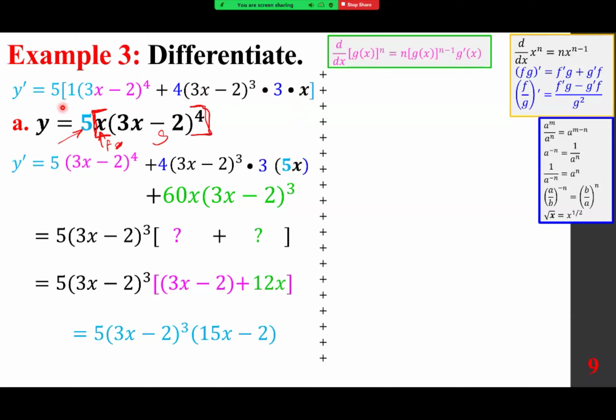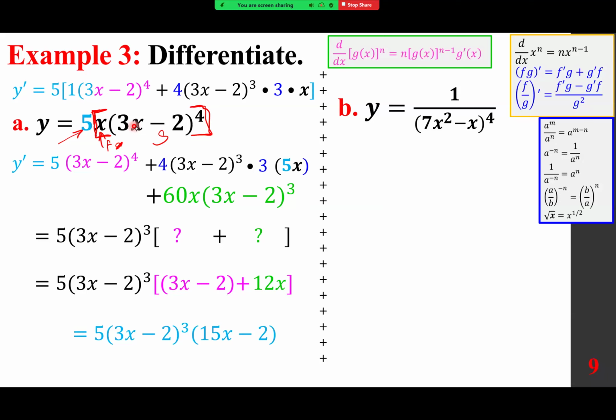And notice this 5 carries out. So it remains, it doesn't go away. So the point being, if this number gets involved, you don't want to involve it with the differentiation. Just put it outside with some brackets and deal with the inside.